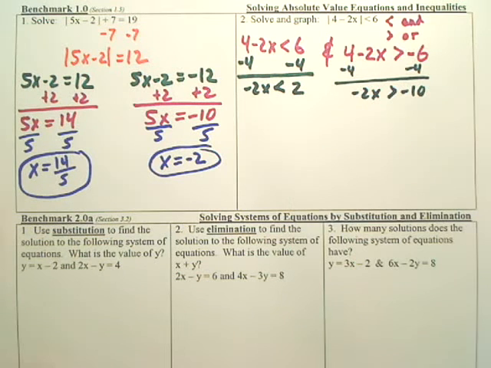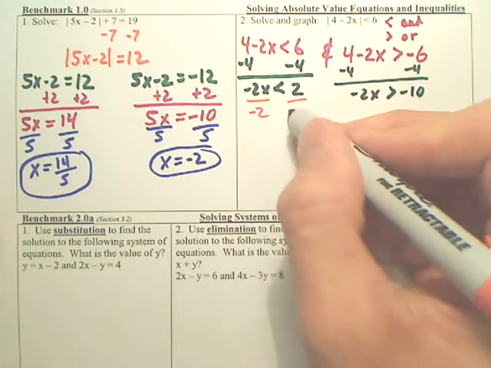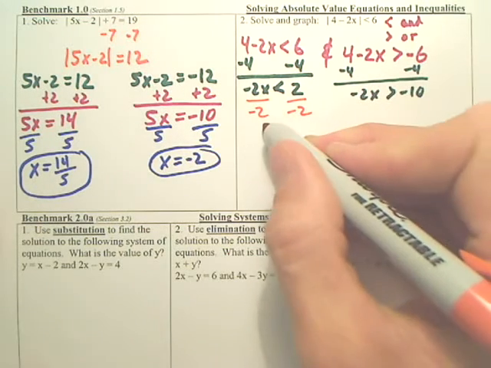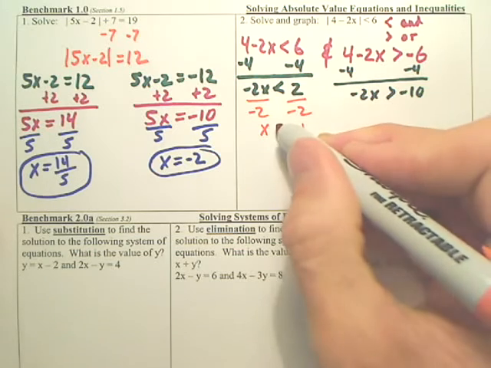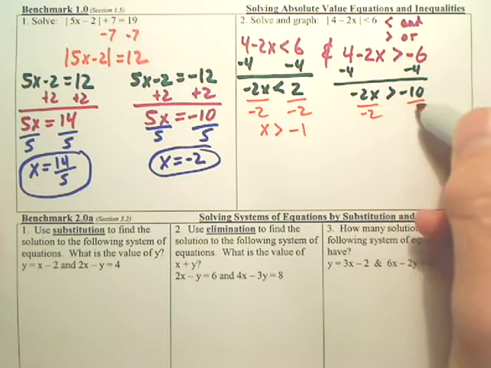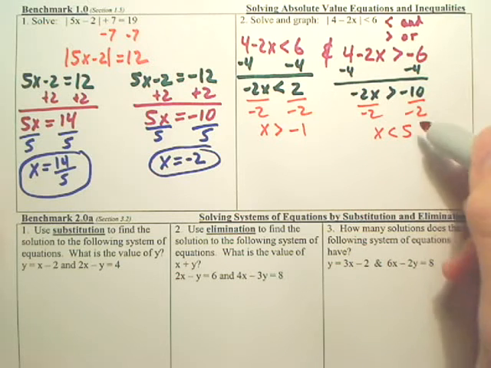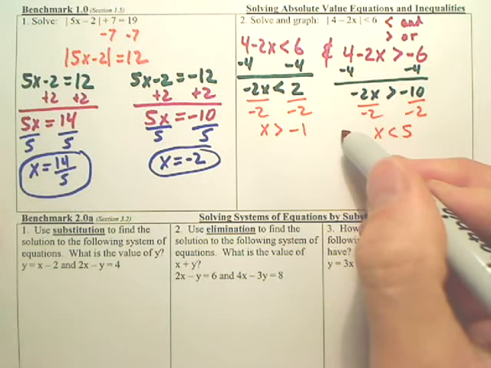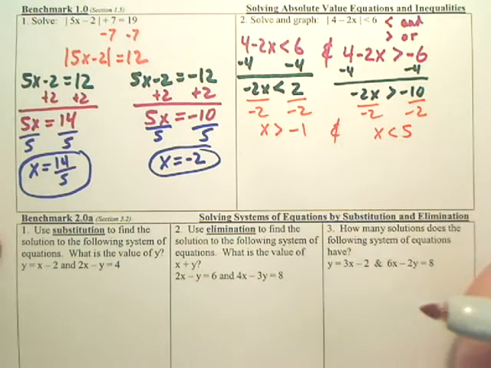Divide both sides by negative 2. And what happens to the sign here? The sign's actually going to flip. And this one, when you divide by negative 2, does the sign also flip? Correct. Becomes a positive 5. And what is it going to be in here? An and.